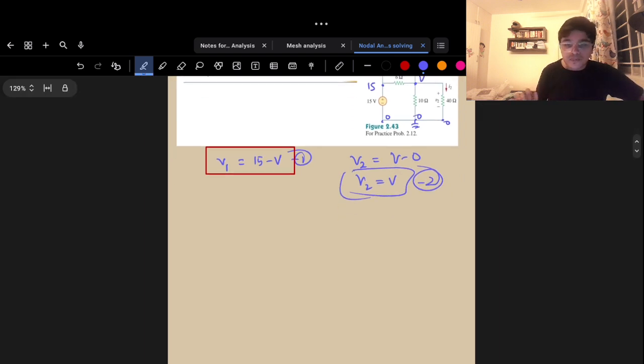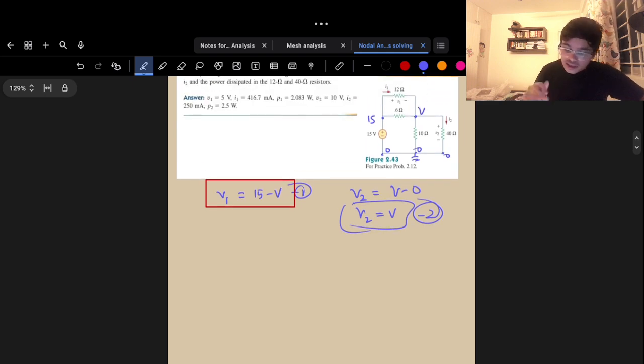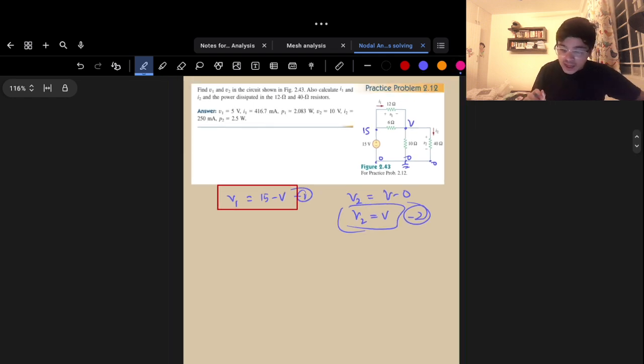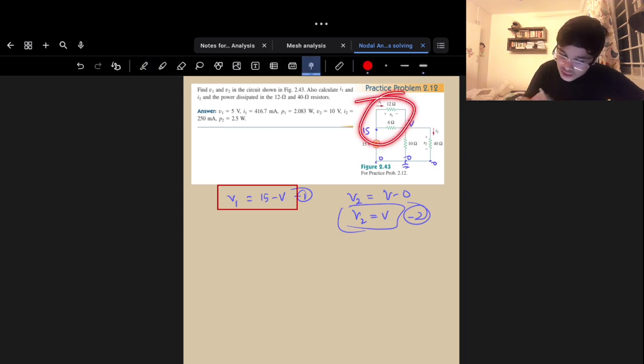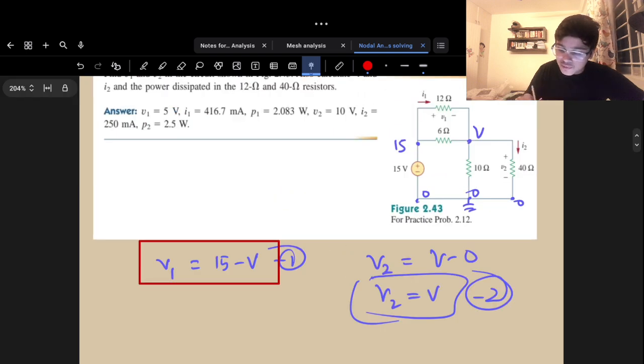Now let's try to solve it with series-parallel analysis. Since these two resistors are at common potential, that is V and 15, they can be clubbed together into one R equivalent. Similarly, these two can also be converted.